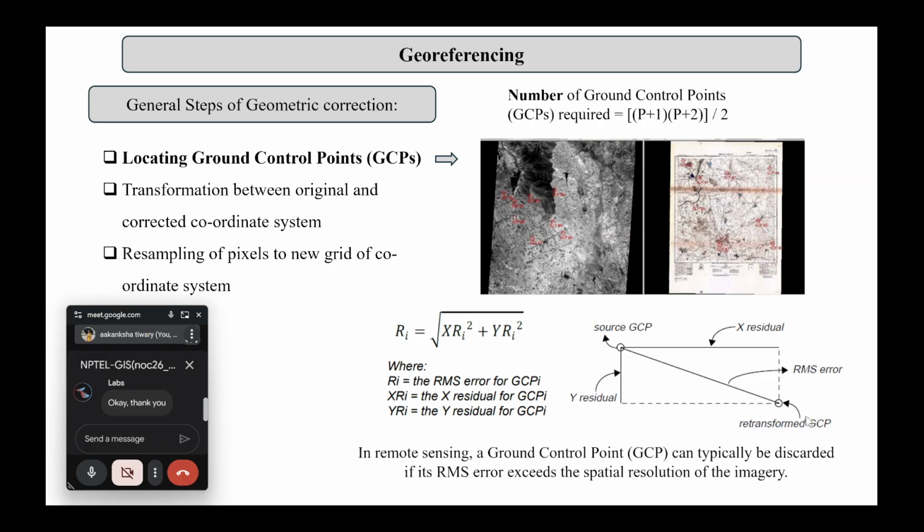The source GCP and the transformed GCP are going to have some error, which is called RMS error, and this RMS error should be less than the spatial resolution of the image. Suppose the spatial resolution is 30 by 30 meters. If the RMS error is more than 30 meters, then that control point is not good for transformation, so you should discard that ground control point. This is what ground control points are for.